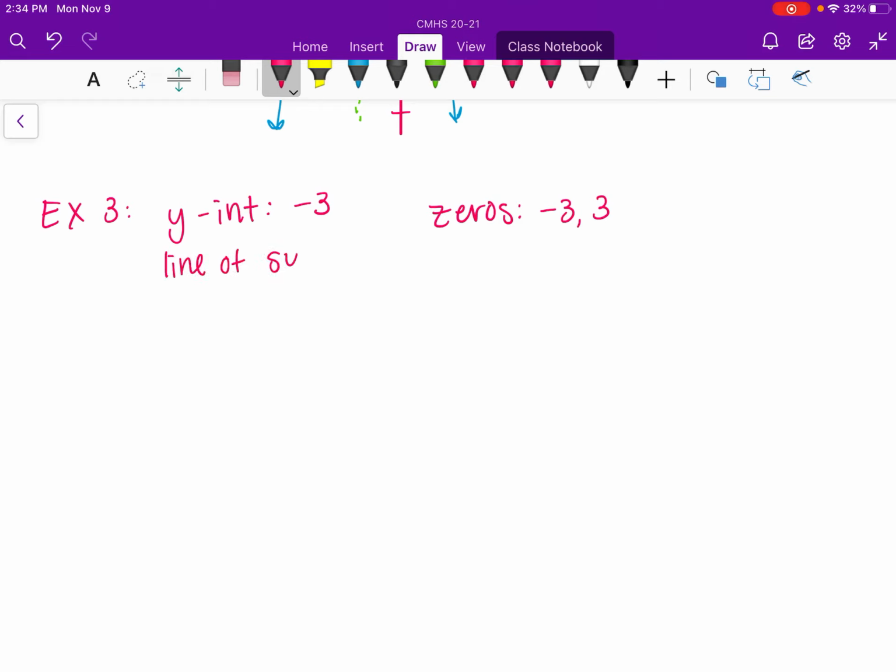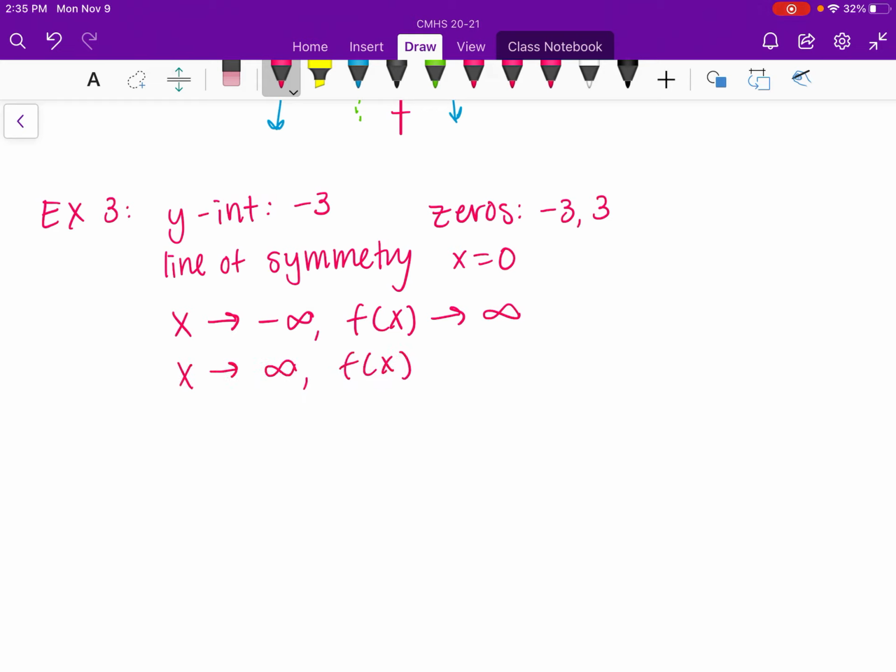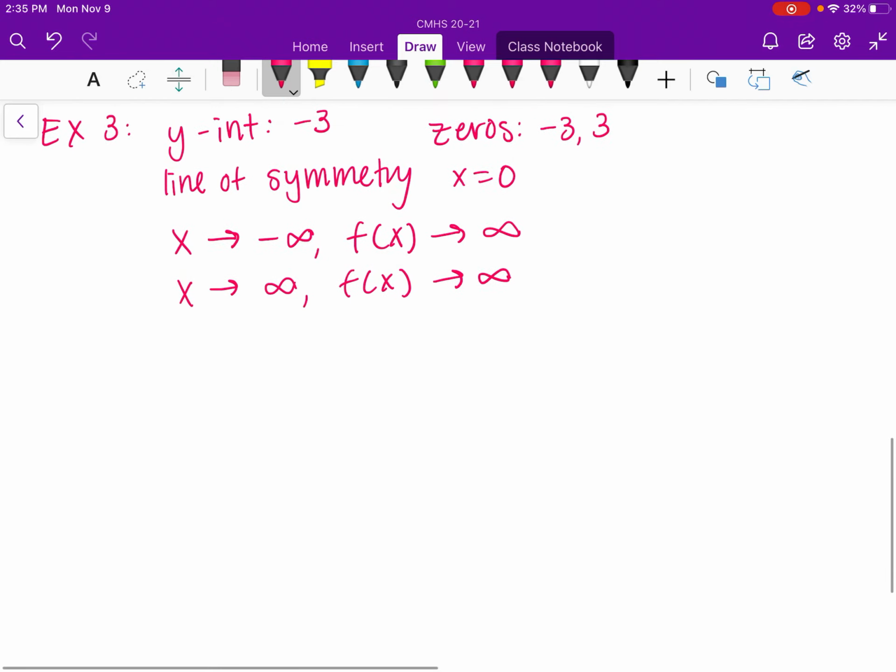Line of symmetry at x equals 0. And the end behavior. As x approaches negative infinity, the function is going to positive infinity. And as x approaches positive infinity, the function is also going to positive infinity. So this means on the left it's going up, and on the right it's going up.